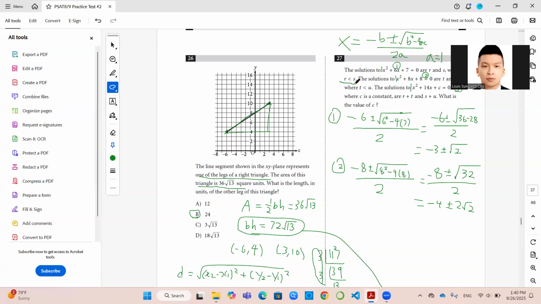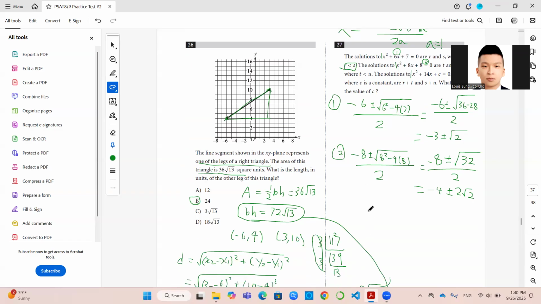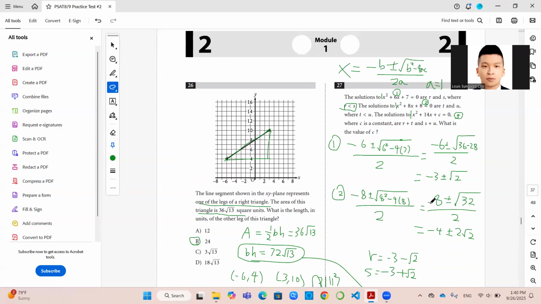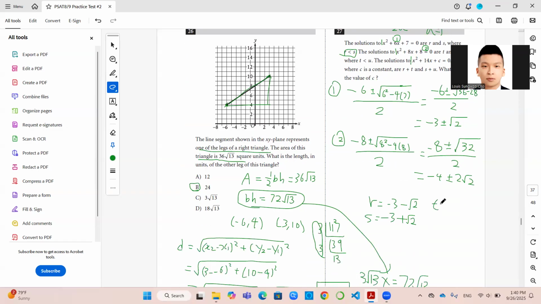Also, since r is less than s here, we know that r is equal to minus 3 minus square root 2. S is equal to minus 3 plus square root 2. T is equal to minus 4 minus 2 square root 2. U is equal to minus 4 plus 2 square root 2.